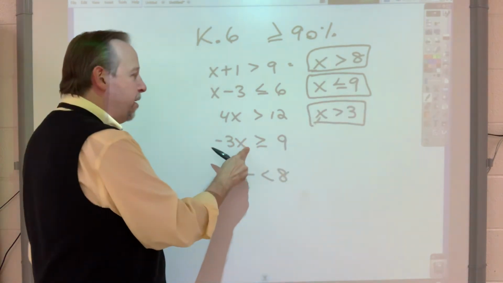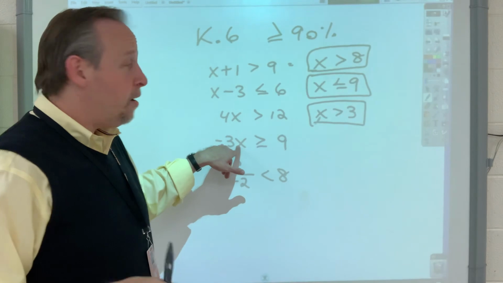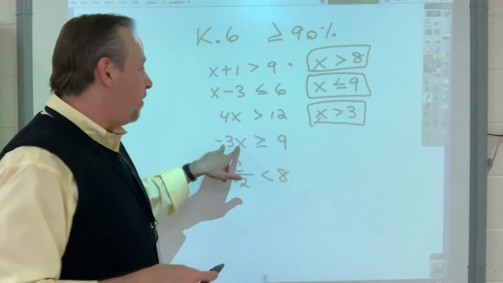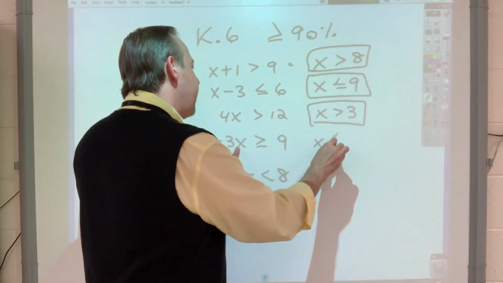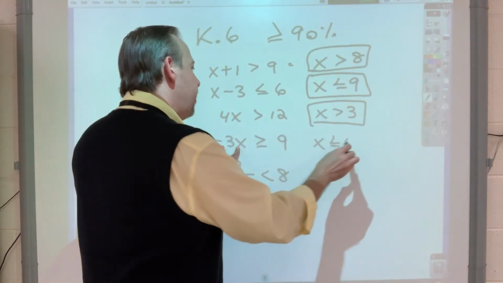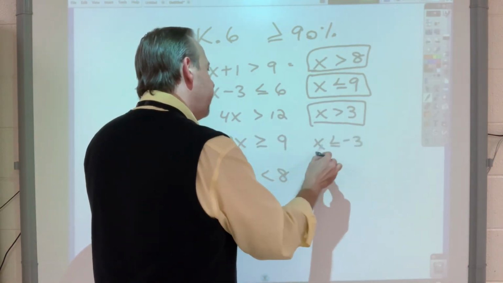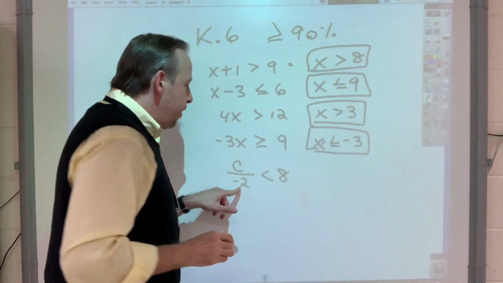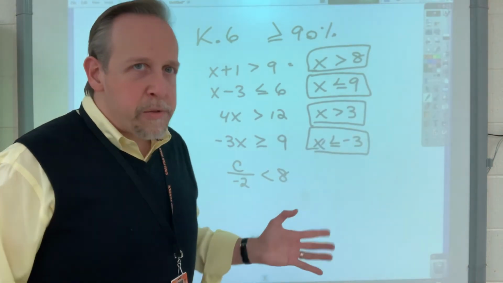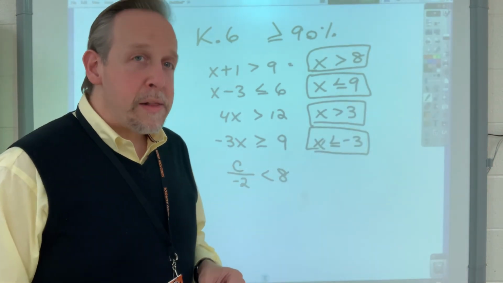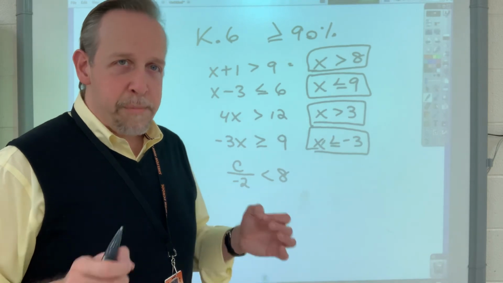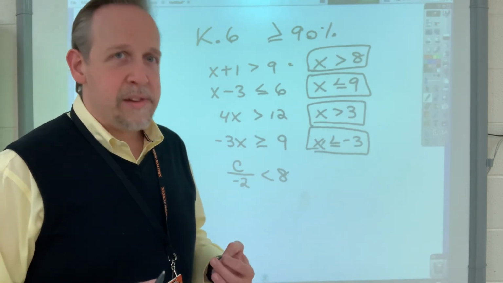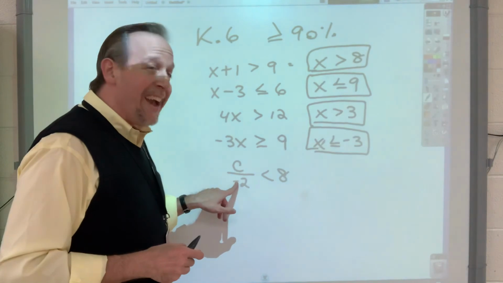How about this one? Well, here's a trick again. There's a negative value. I divide by negative 3, which is going to flip my symbol. And 9 divided by negative 3 is negative 3. This one is probably the hardest one you'd have to do. All we do to clear a fraction is multiply both sides by the denominator. This is a negative 2.